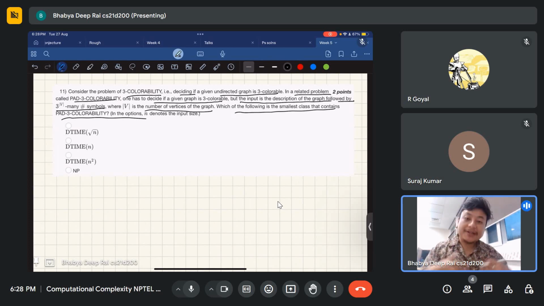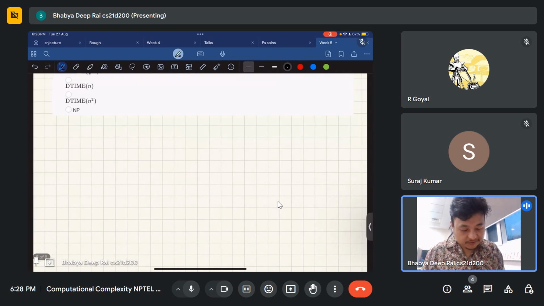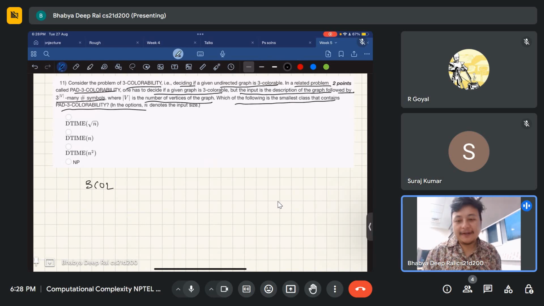Now it is in terms of time. What they are saying is, same thing, 3 colorability only, but with a slight modification.